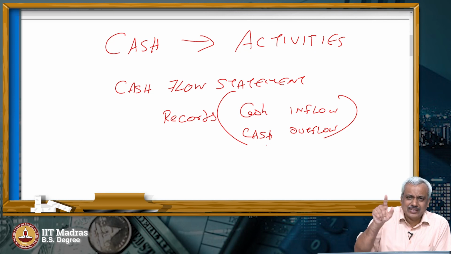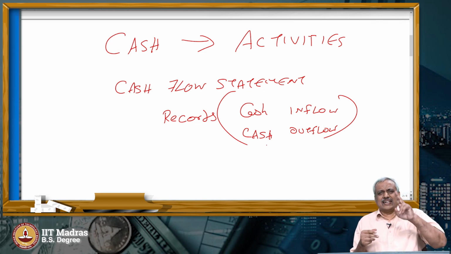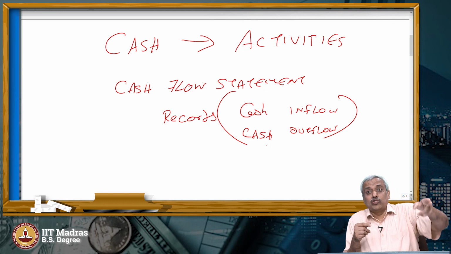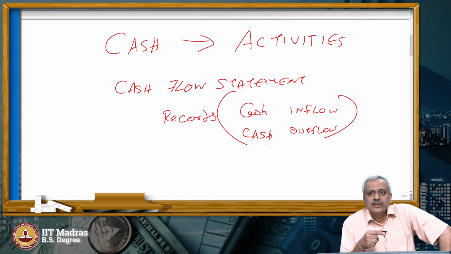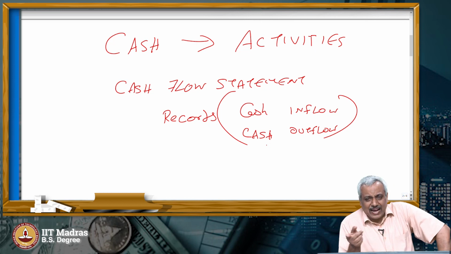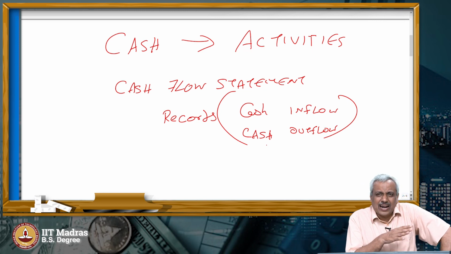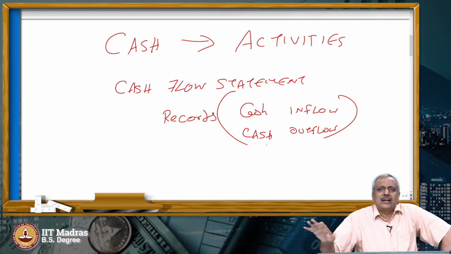The sale that has taken place on 30th of March on credit is also included in the revenue. Whereas, when I prepare a cash flow statement for the same financial year 21-22, there is no cash inflow from that sale, so it will not find any place there at all.